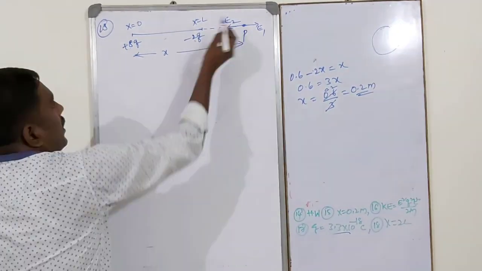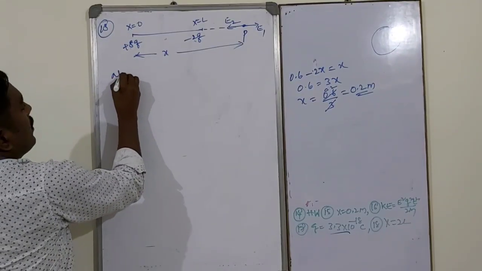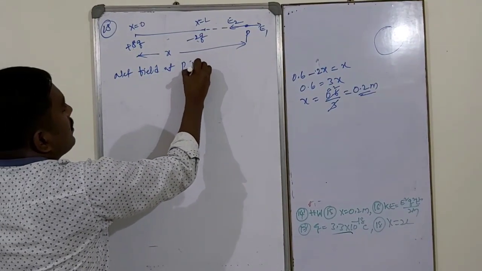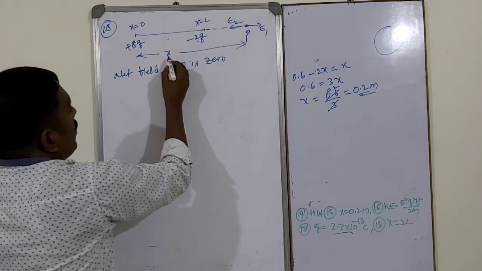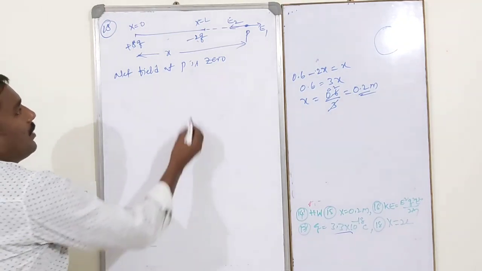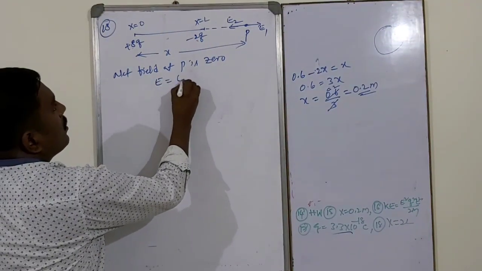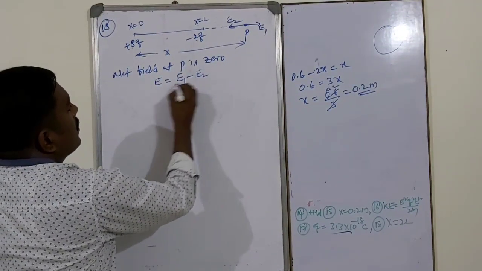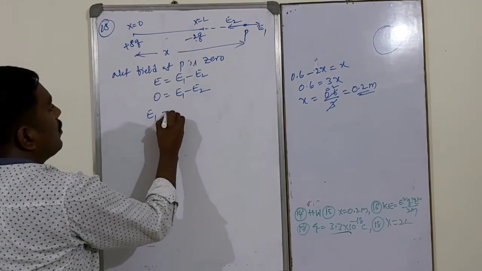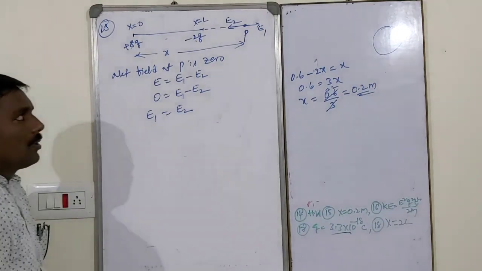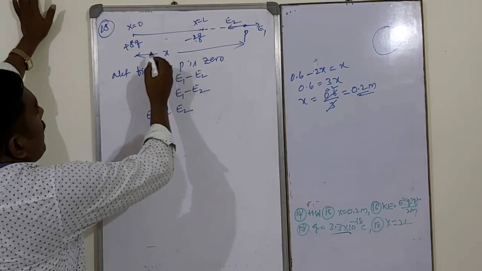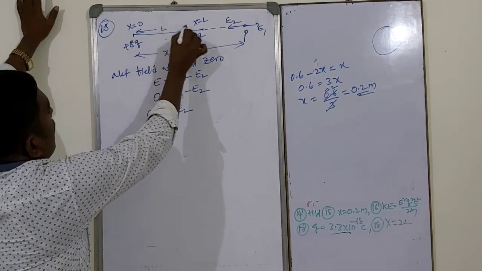So suppose the net field at P is 0, at a distance of x from the 8q charge. So E is equal to E1 minus E2, and E is equal to 0, so E1 is equal to E2. This distance is L, please remember it.